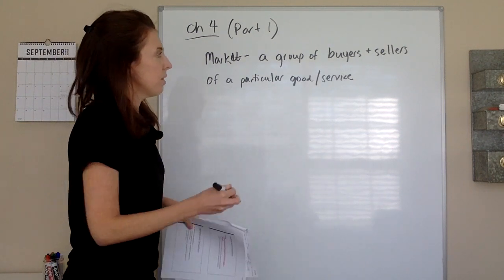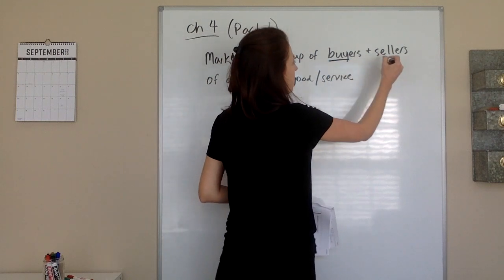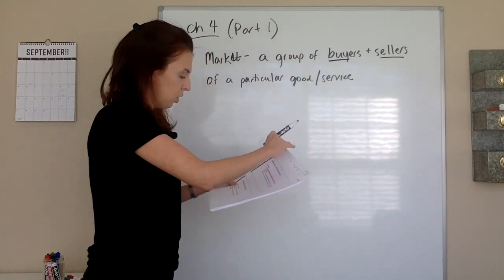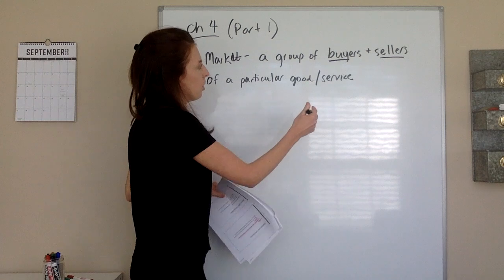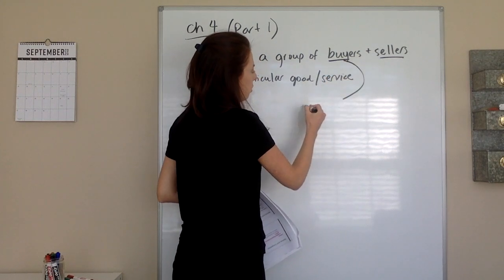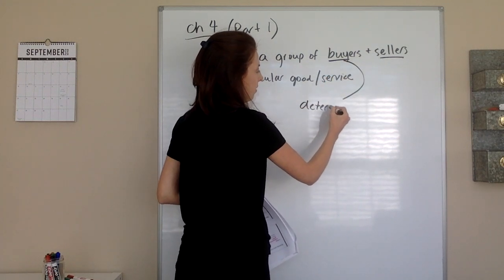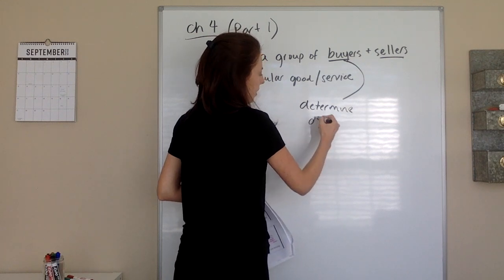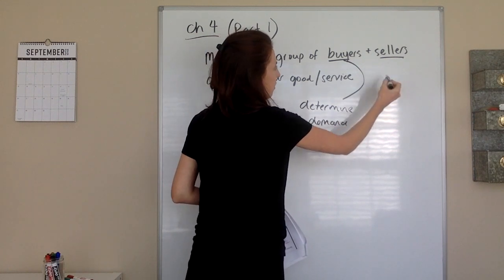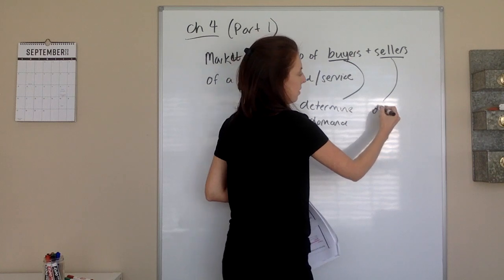Okay, the second important thing in this definition is the buyers and the sellers. The buyers are a group of people who determine the demand, and the sellers are a group of people who determine the supply.